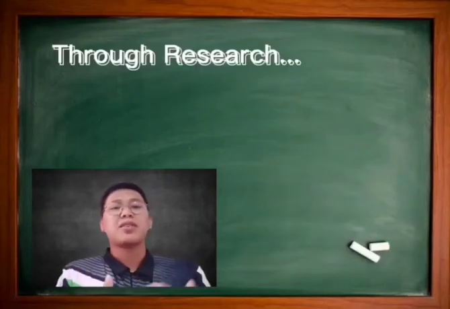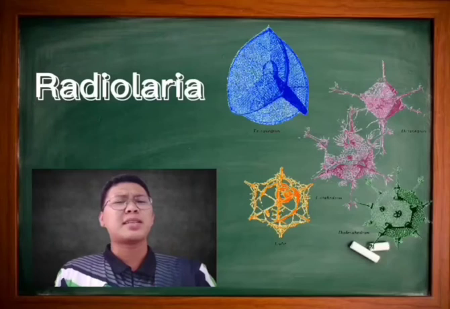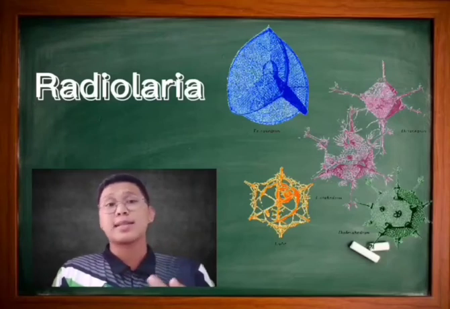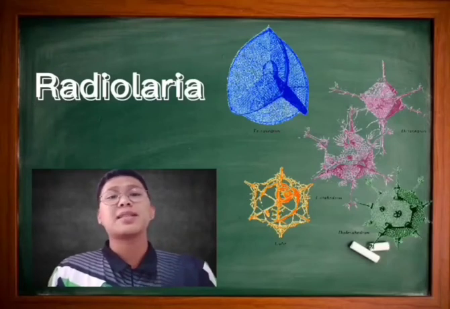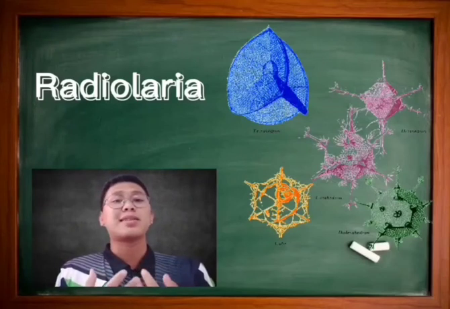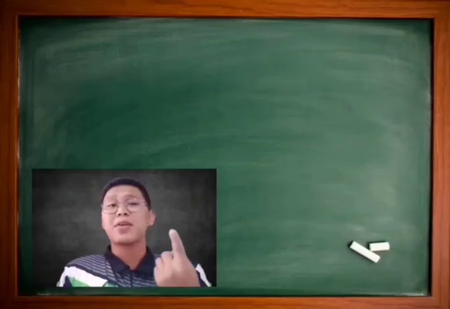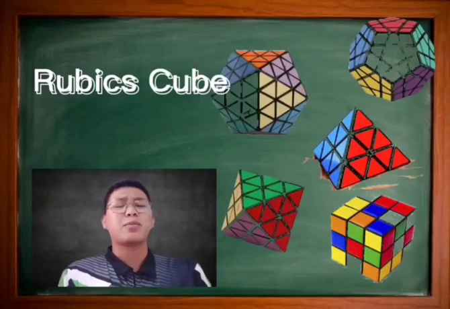Through research, I have found two examples where Platonic solids occur. First is the Radiolaria, a protozoan, a single-celled organism widely distributed throughout the ocean, whose mineral skeletons are shaped like various regular solids. And the other one is the famous Rubik's Cube. I know you are familiar with it.